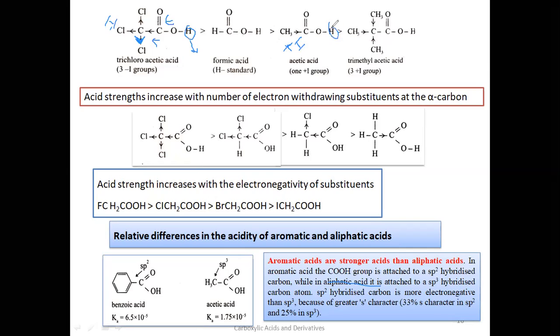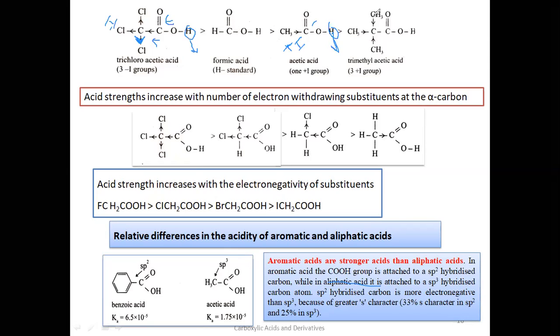So when a proton is donated, the carboxylate ion which is formed here is destabilized, because there is already a negative charge and it is pushing the electrons here. More repulsion will be there, therefore it will destabilize this. Is there any destabilization like this in this case? No, there is no destabilization. Therefore this is more acidic than this.